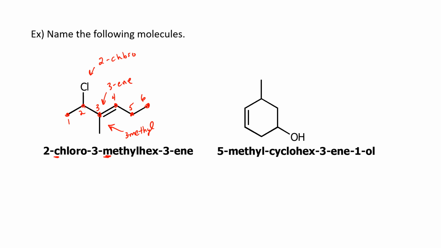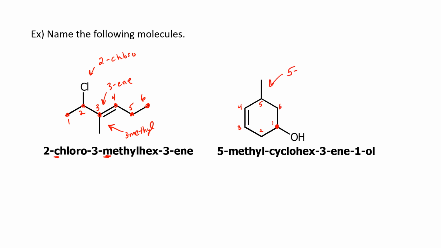For the next one, this is a cycloalkenol, meaning we've got an alcohol, it's cyclic, and there's an alkene, a double bond. So we have to give our alcohol the number 1 position, and then the alkene should have the next lowest position, so that's 1, 2, 3, 4, 5, 6.